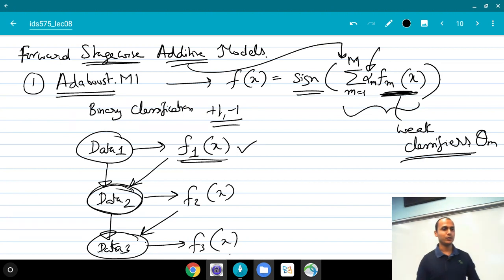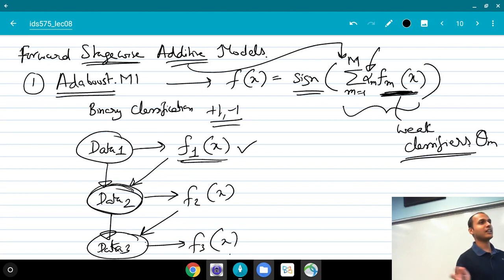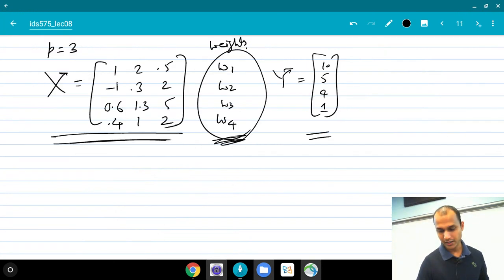So I built my model using that data, and now that model made errors in some observations, maybe predicted well some other observations, right? It could have done well in some observations, might not have done well in other observations because it's a weak classifier. It could also be a good classifier, in which case it would not have done well in a very small subset of points. But wherever it did not do well, you're going to increase the weight numbers for those observations.